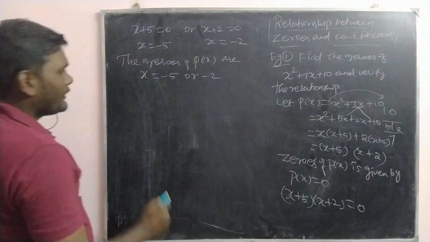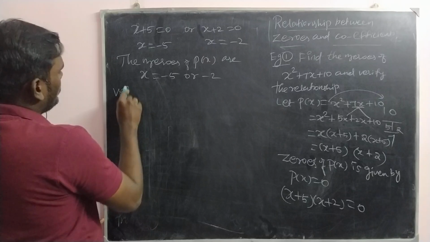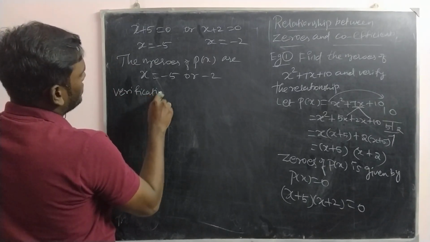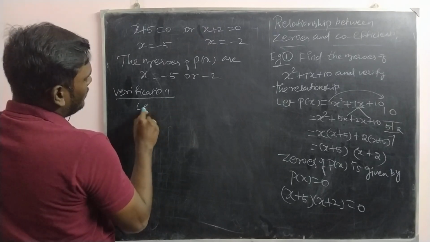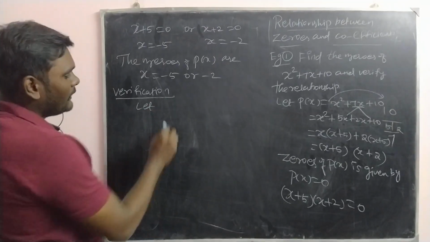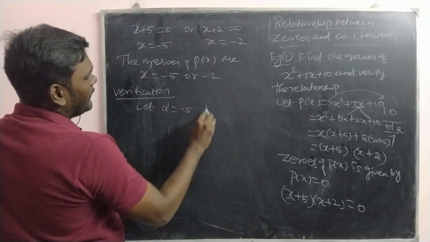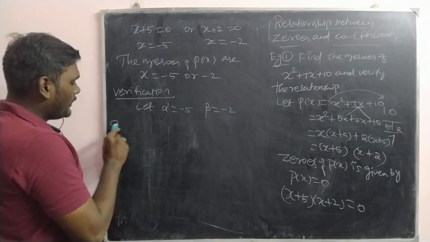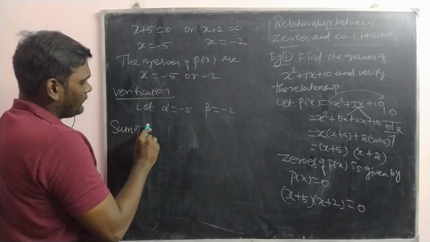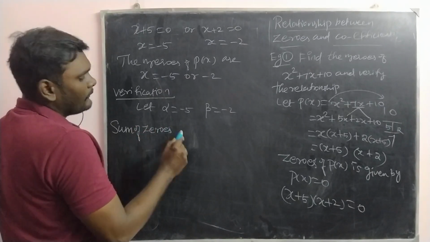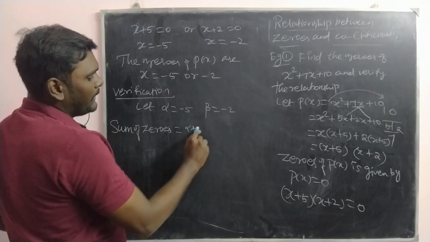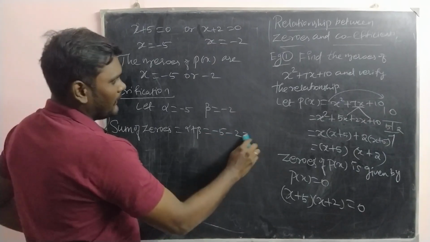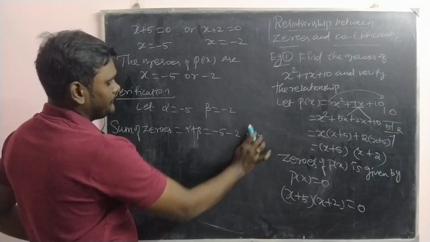Now, the relationship. Verification. For verification, we name the zeros. Let alpha equal minus 5, beta equal minus 2. So the sum of zeros, that is alpha plus beta: minus 5 plus minus 2, the answer is minus 7.